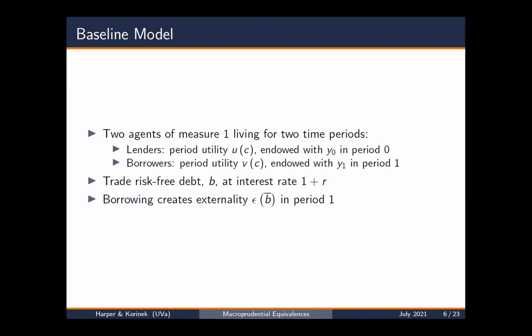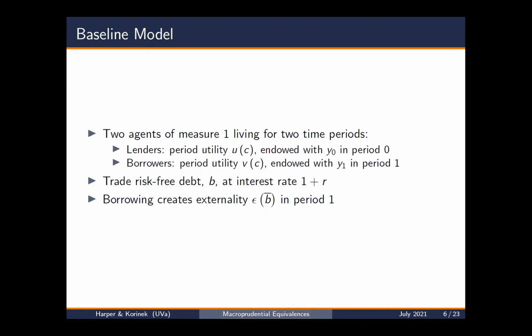But so we start out with a baseline model where we have two agents that are homogeneous within each type of agent in a measure of one. So we have a group of lenders and a group of borrowers. The lenders are endowed with income in the first period, period 0, and borrowers are endowed with income in the second period, period 1.